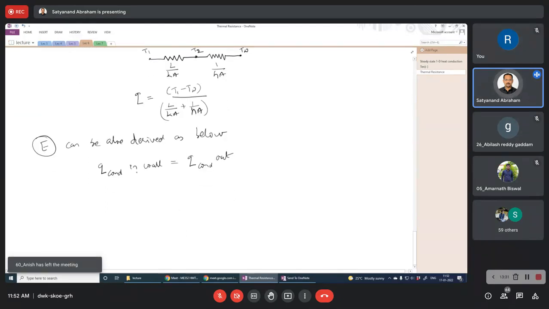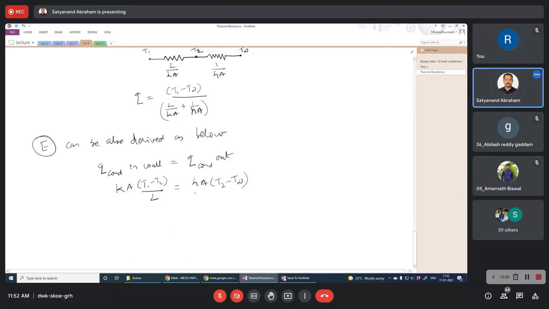So what is the Q conducted in the wall? Since there is no heat generation, we can write kA (T1 minus T2) divided by L. This is what we derived in the previous boundary condition. And Q convected is hA (T2 minus T infinity).